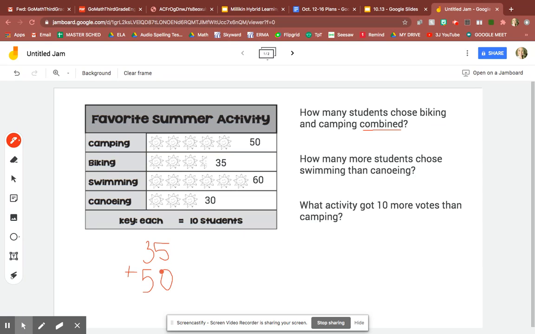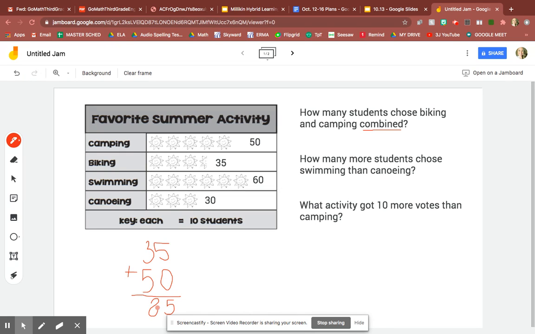I would like for you to go ahead and solve this problem, and I want you to pause this video, and then when you're ready to go, you can resume it and see if we get the same answer. All right, so hopefully you did 35 plus 50 on your own. Let's see if I get the same answer that you did. 5 plus 0 is 5, and 3 plus 5 is 8.